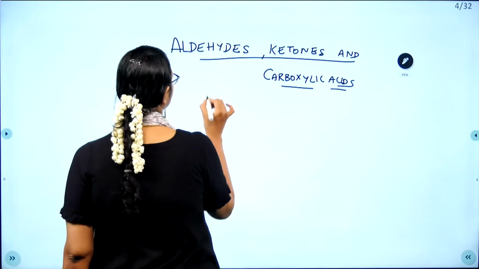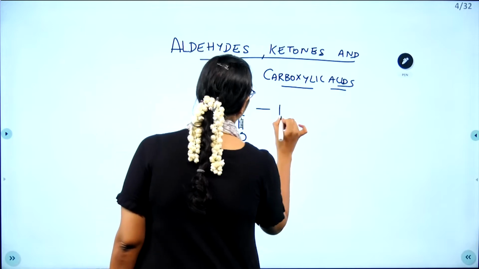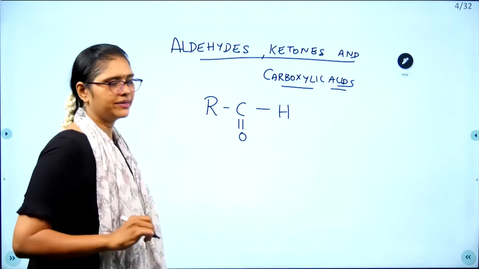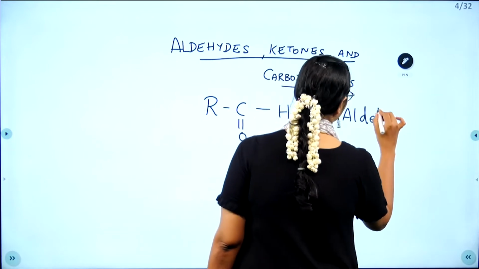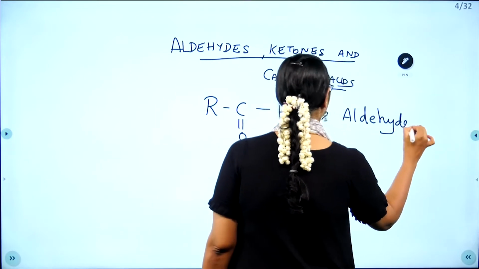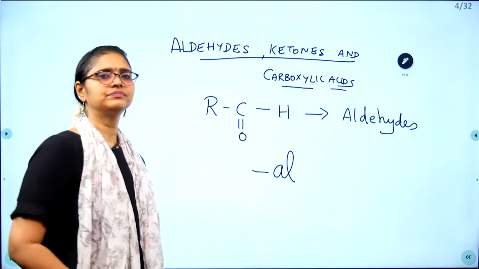Aldehydes consist of R, C double bond O, H. Its IUPAC name ends with al.